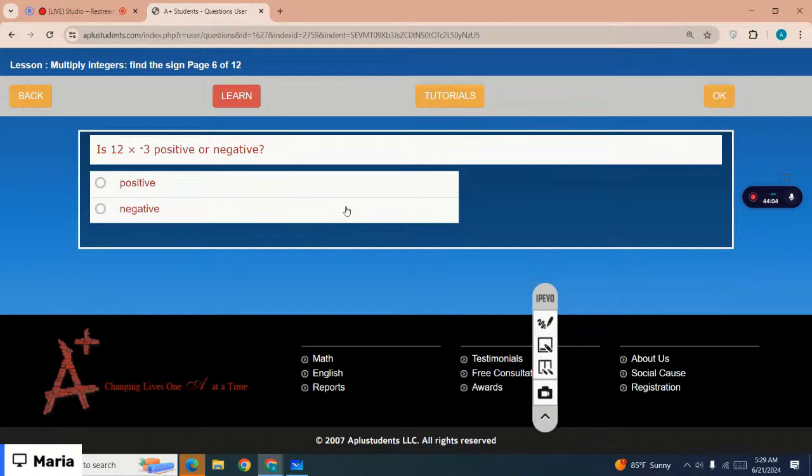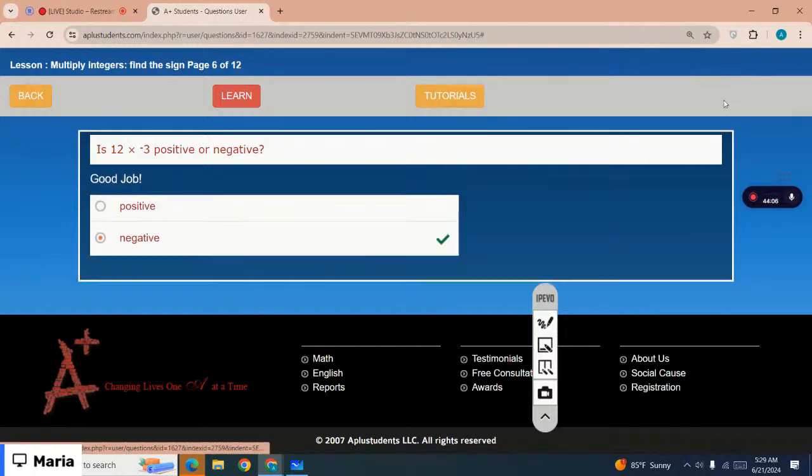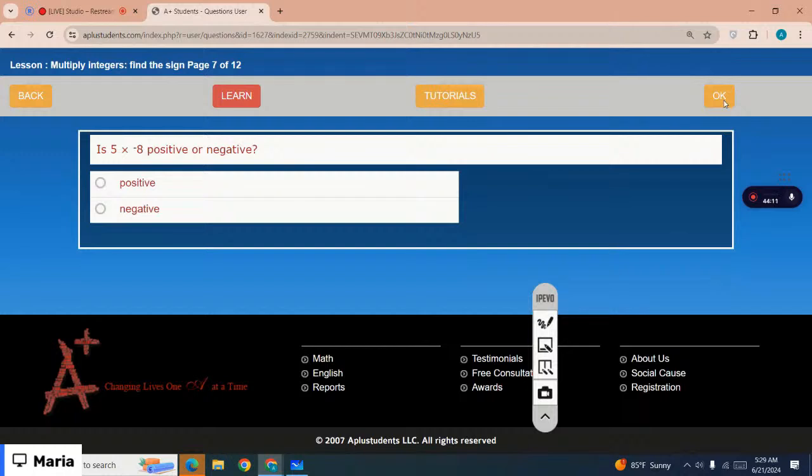Negative it is. The correct option is negative. Is 5 times negative 8 positive or negative?